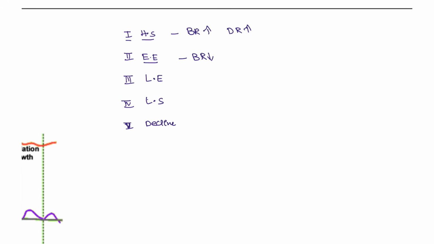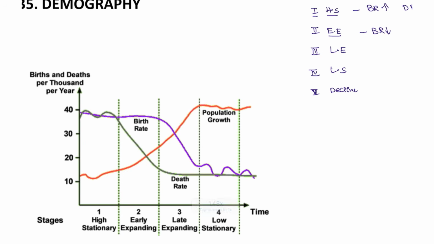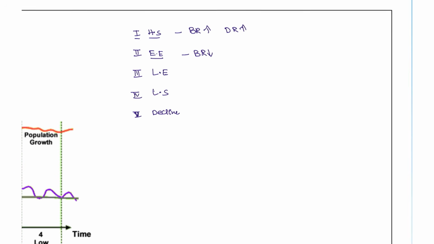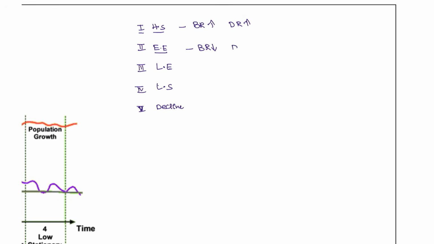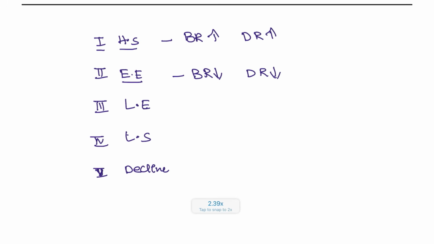In the second phase, the death rate also starts to fall, but the birth rate still remains stable. In late expanding, the birth rate is declining and the death rate is also declining.